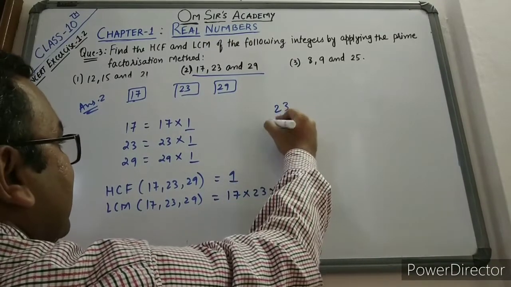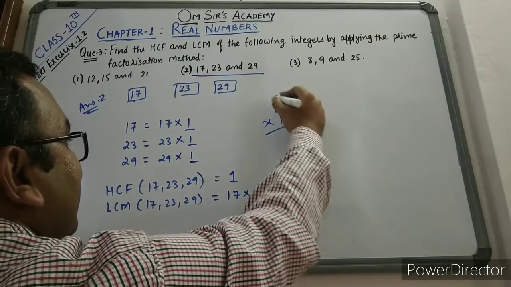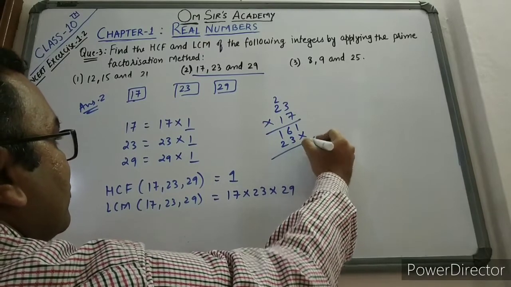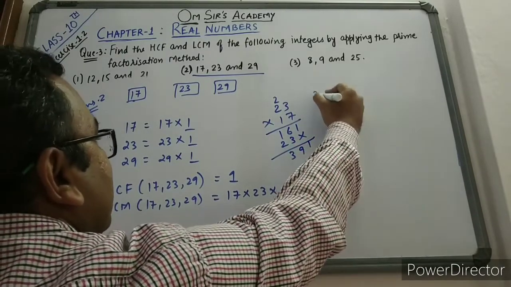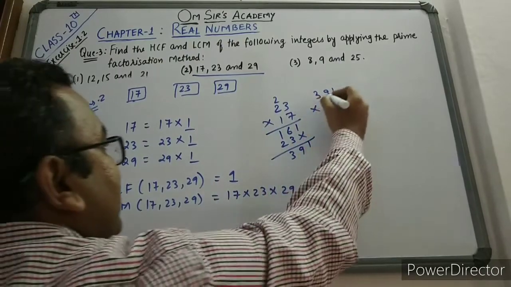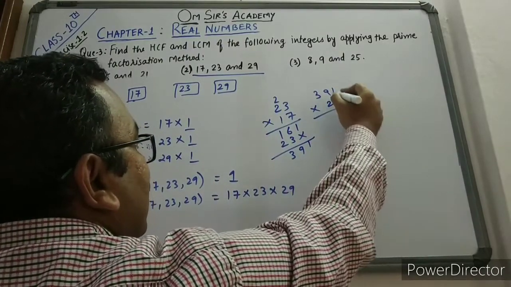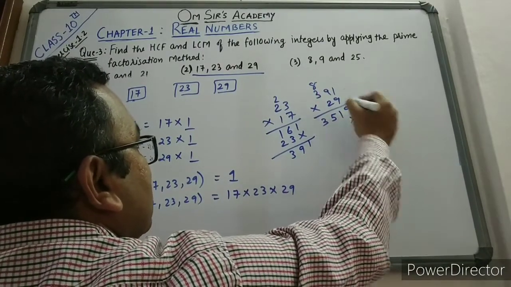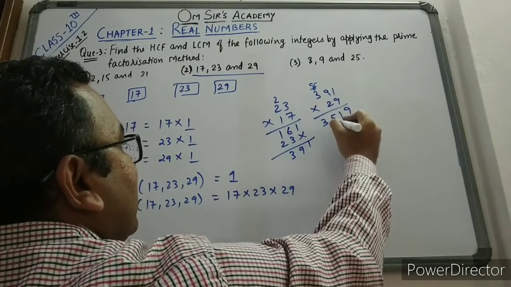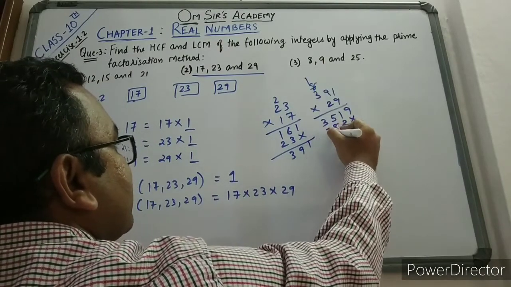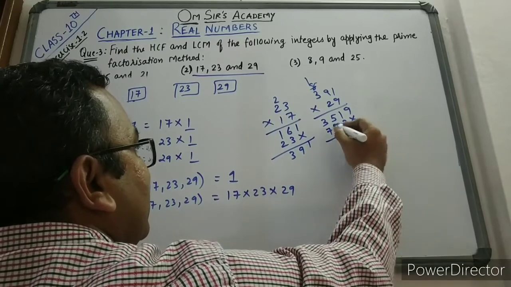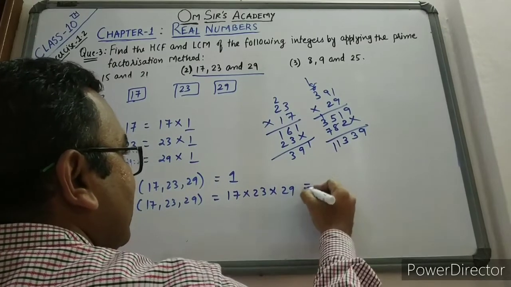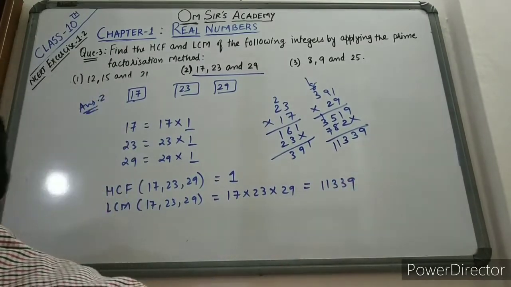Okay, so 23 into 17 is what? 7 3s are 21, 7 2s are 14 plus 2 16, 3 2, so 1 9 3, then 391 multiplied by 29, so 9 1s are 9, 9 9s are 81, 9 3s are 27 and 8 35, then 2 1s are 2, 2 9s are 18, 2 3s are 6 plus 1 7, so 9 3, 8 plus 5 is 13, 10 plus 1 is 11, so it will be 11,339.